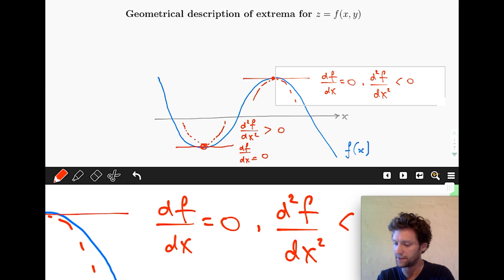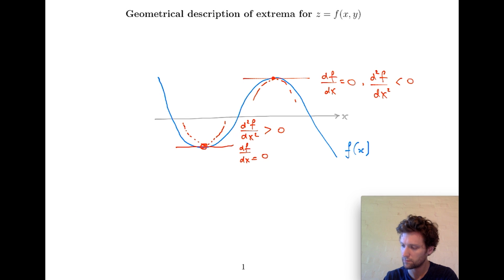This is a maximum. Of course, there was another possibility, when my function has a second derivative equal to 0. We call that a stationary point of inflection. As we're going to see, there's an analogy here for functions of more than one variable to points of inflection.